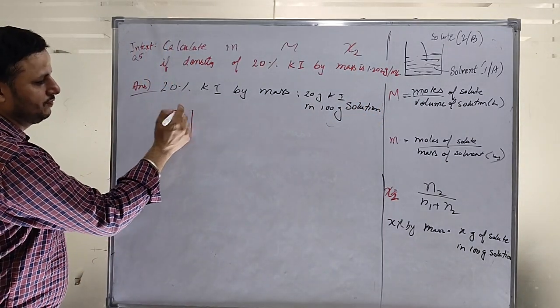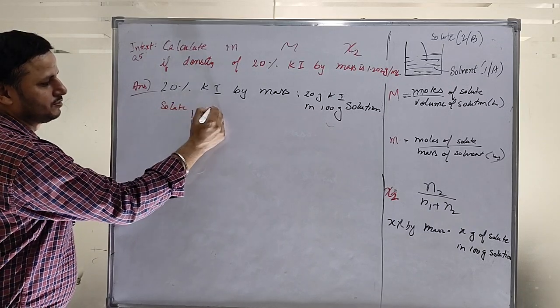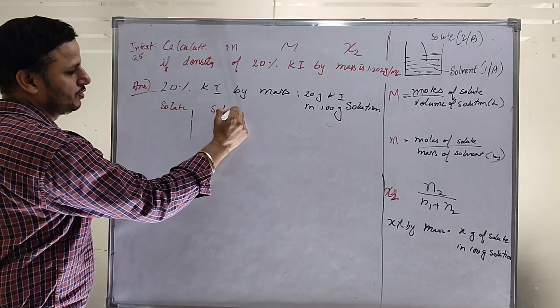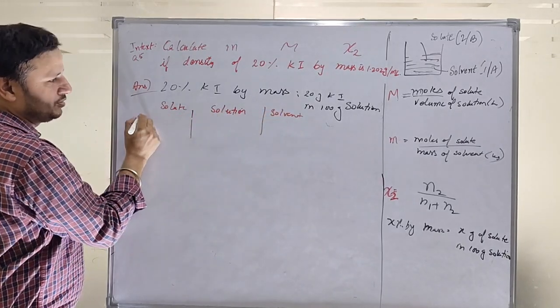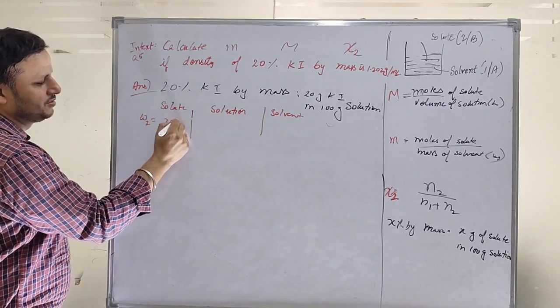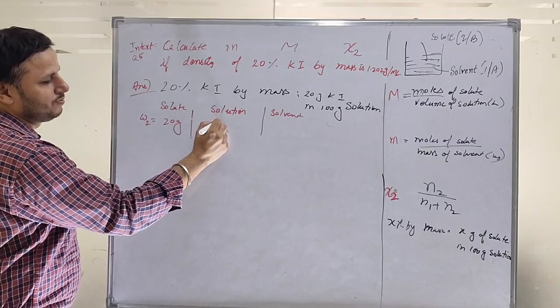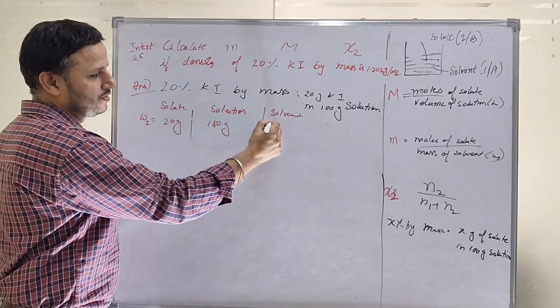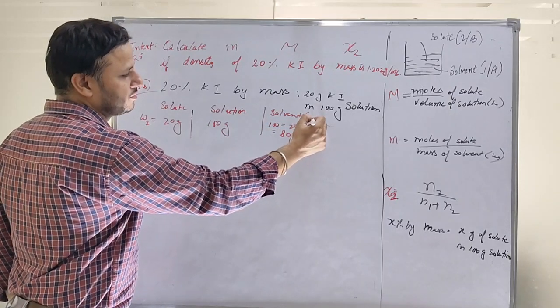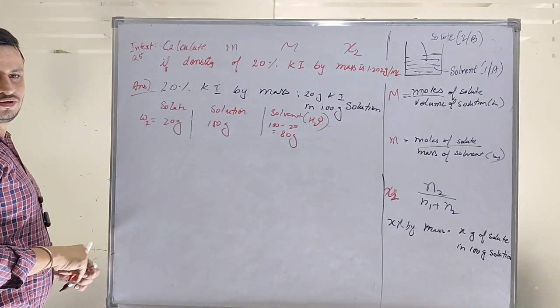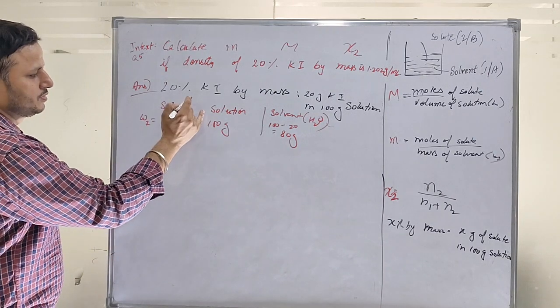Again, we will get solute and solution and solvent. Okay, solute 20 gram KI, so 20 gram, solution complete 100 gram. And solvent, again 100 minus 20 is 80, and solvent is water, and solute is KI.